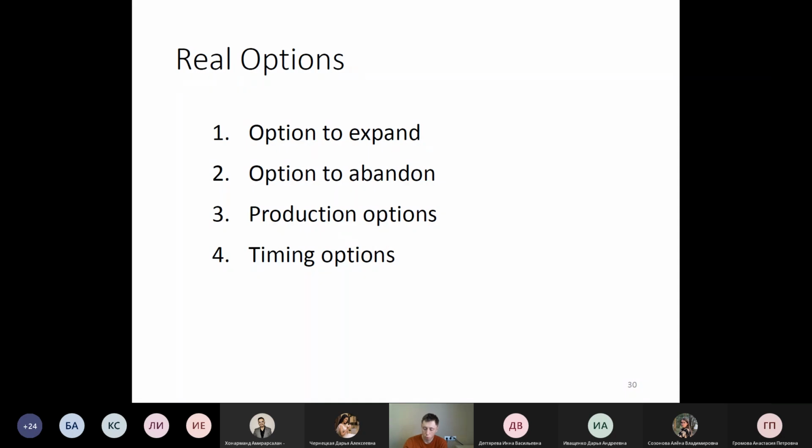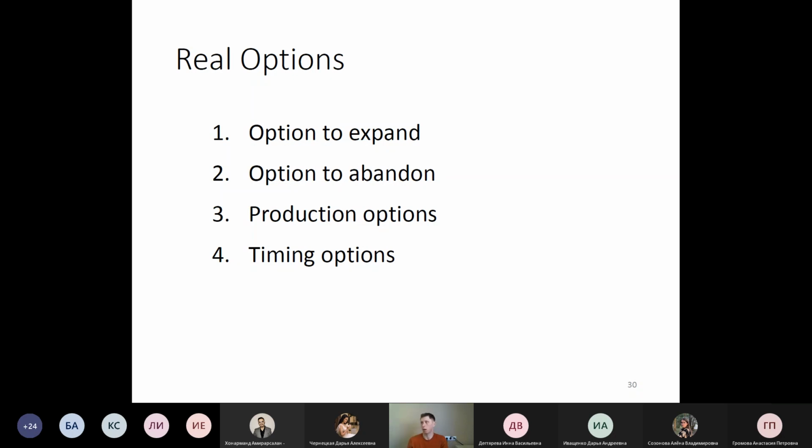And real options are the tools that we use in order to estimate the value of the information. There are different types of options, so we can make some steps in order to have an opportunity. This way of approaching managerial objectives is called the real option.